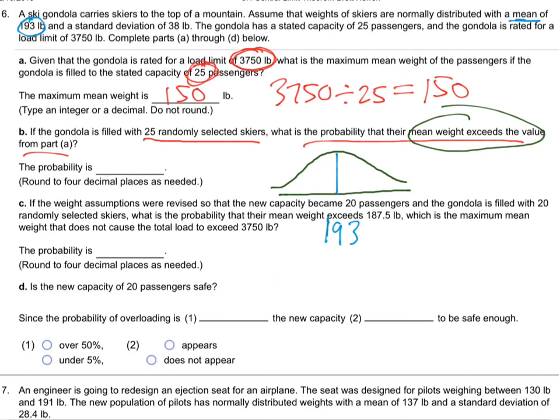And they're asking, what's the chance that it exceeds what we got in part A, exceeds the 150? Where does the 150 go? 150 is your left edge. 9999 is your right edge. Exceeds means to the right, greater than.